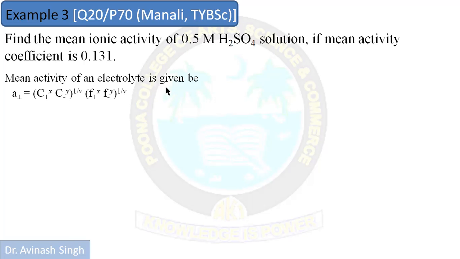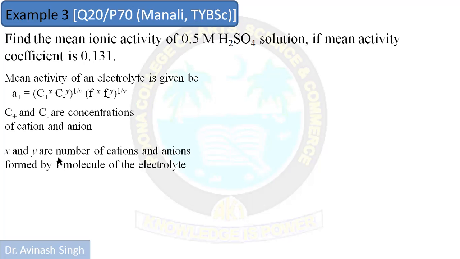The mean activity of an electrolyte, the formula is this: C plus raised to x, C minus raised to y, whole raised to 1 by V, times f plus raised to x, f minus raised to y, whole raised to 1 by V. Where C plus and C minus are the concentrations of the cation and anion, x and y are the number of cations and anions formed by one molecule of electrolyte, V is x plus y, and this entire term is nothing but mean activity coefficient.